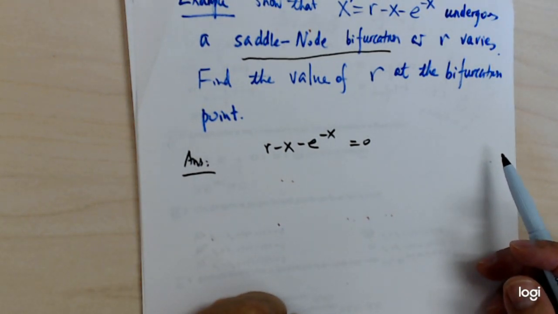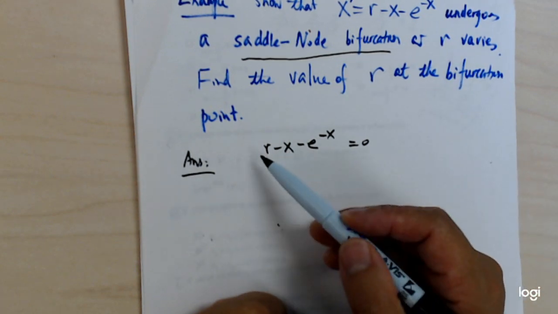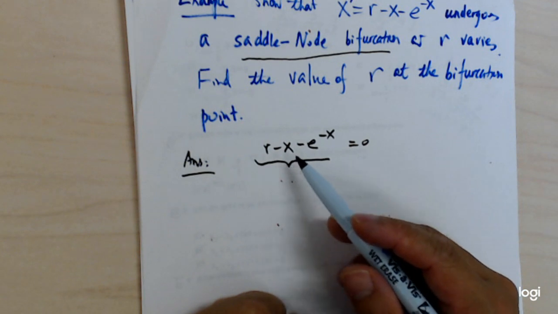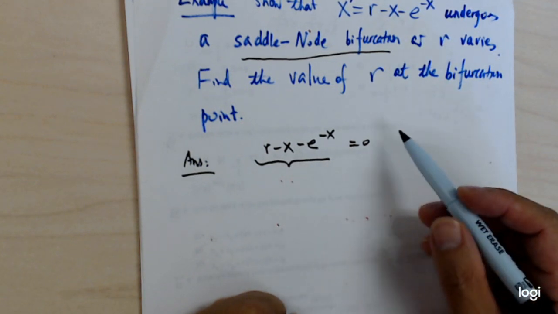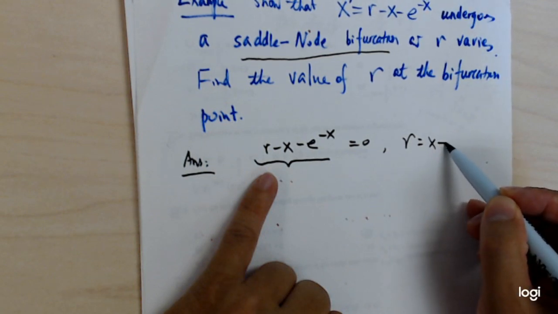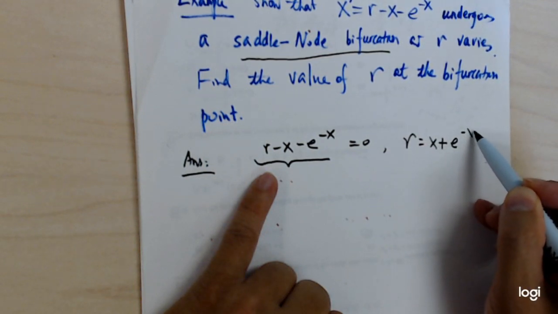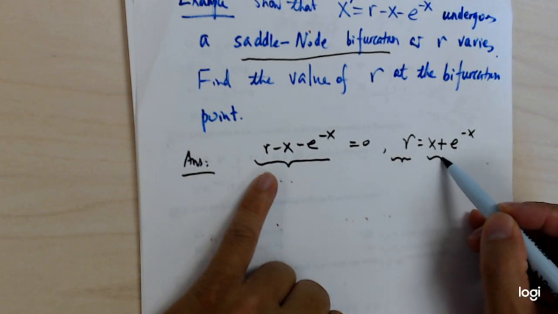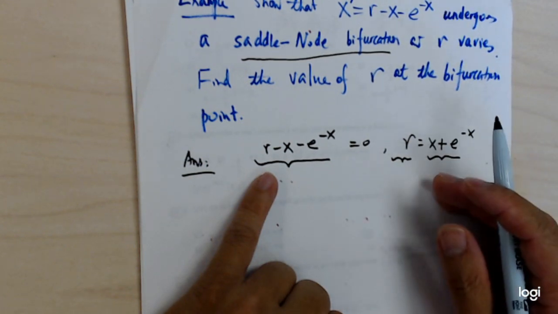Obviously you have different choices. You can view this as just the graph of this simple curve, which is actually not that simple, and look at where this equals 0. Or this is also equivalent to saying R equals x plus e to the negative x. So I'm going to be looking at the graph of this horizontal line and the graph of this guy, and try to figure out where they intersect.